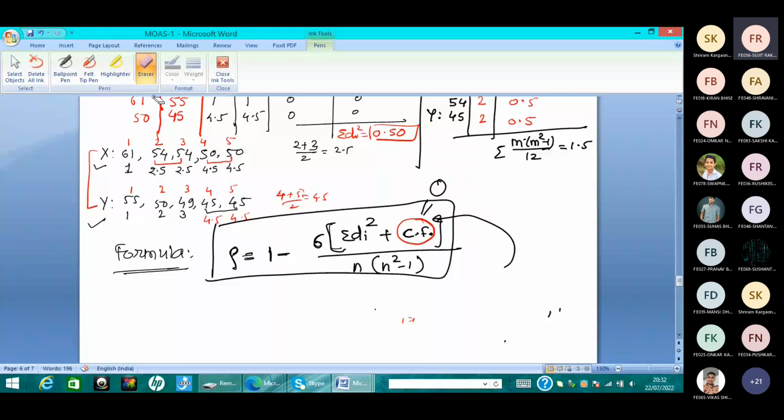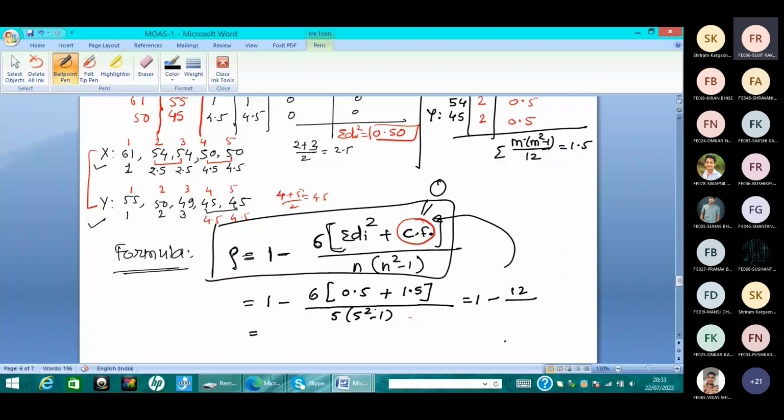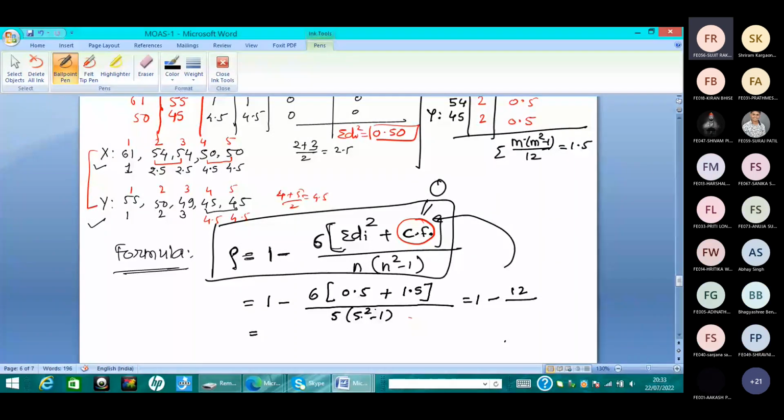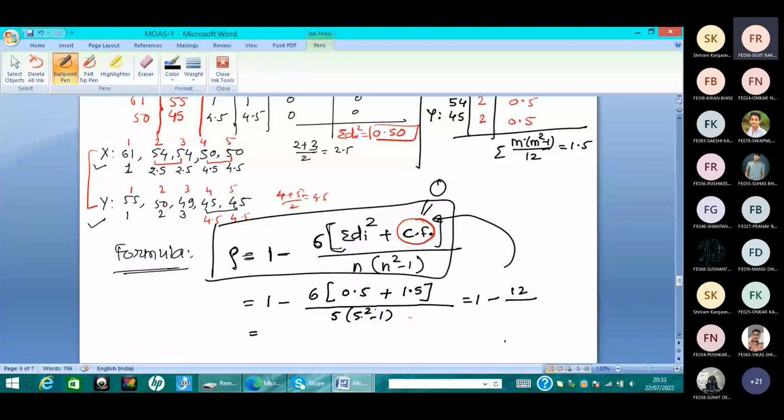So 1 minus 6 into, what is summation di square? 0.5 plus the correction factor, which we had to apply because of the repeats, and here the values are 5, 5 square minus 1. Just solve this. So 1 minus 0.5 into 1.5, that is 2, 2 into 6 is 12, upon 5 into 24, because 25 minus 1 is 24, 24 into 5 is 120.